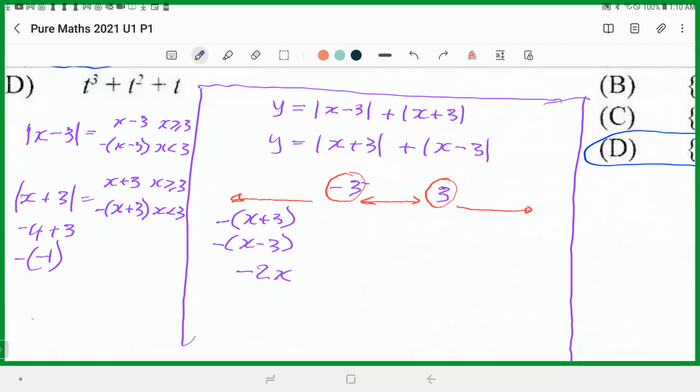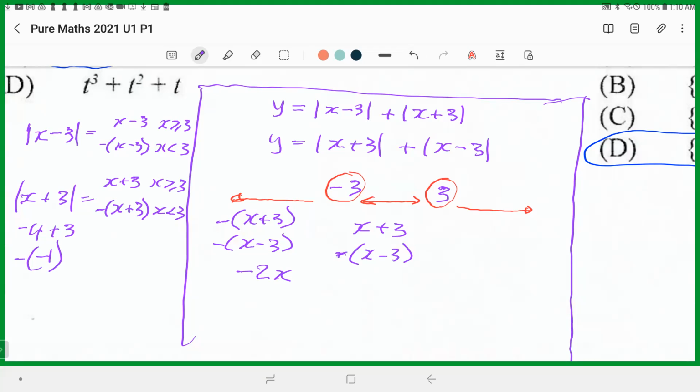What happens in between them now? In between them, this one is to the right of its critical value, so it remains itself, x plus 3. But in between them, this one is on the left side of its critical value, so it becomes the negative of itself, minus x minus 3.